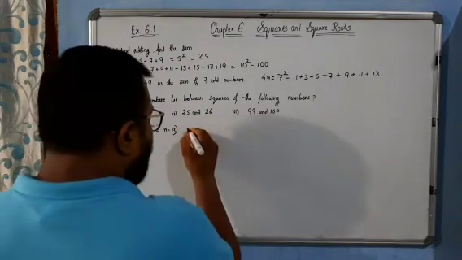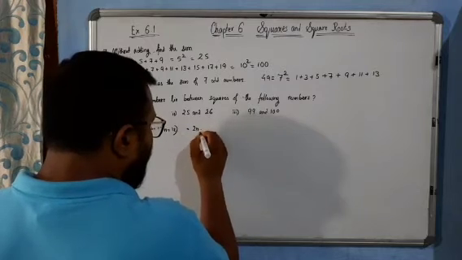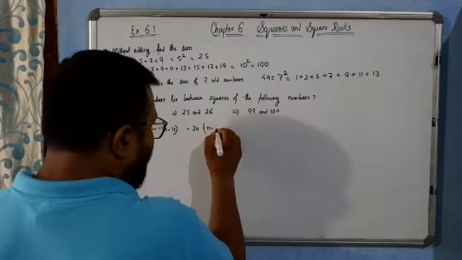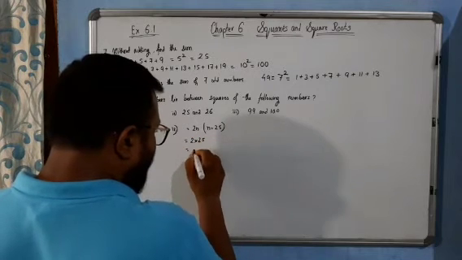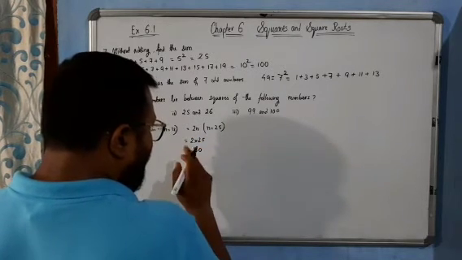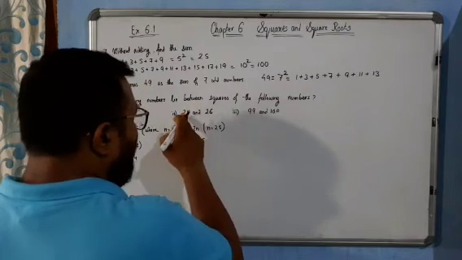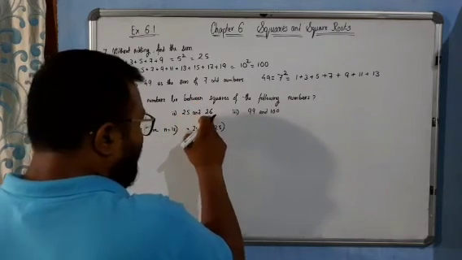Same way here also, twice n, where n equals 25. So 2 into 25 gives you 50. So 50 non-square numbers are in between 25 square and 26 square.